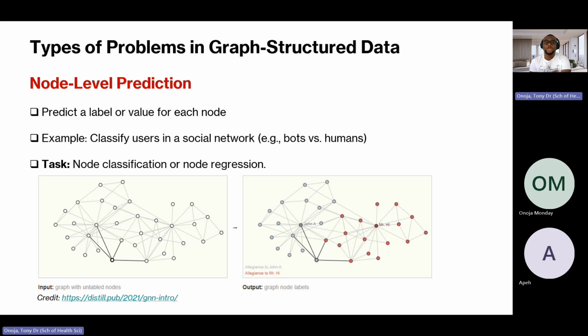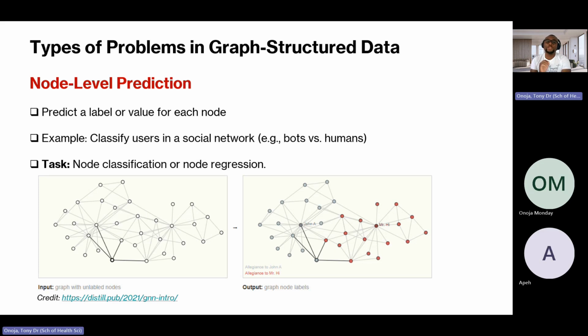Now, there are also situations where we are interested in node level prediction. So in this case, we are not interested in predicting the entire graph like we saw in the previous slide. Rather, we are focusing on predicting a label or a value for each node.